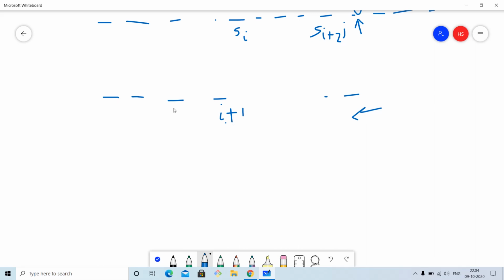Right. Now when we have to calculate the answer for the index I, we will compare Si and Si plus 1.